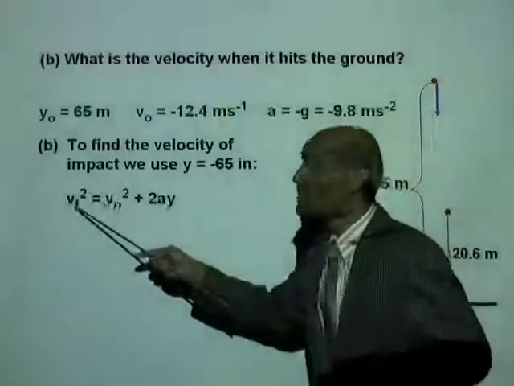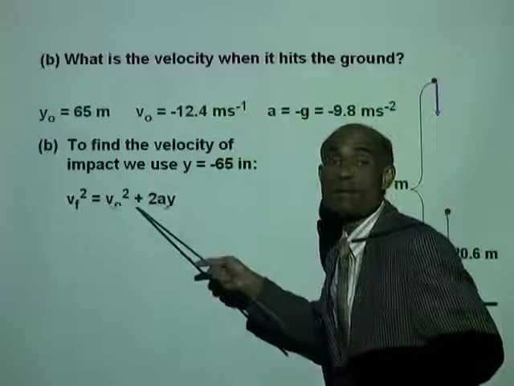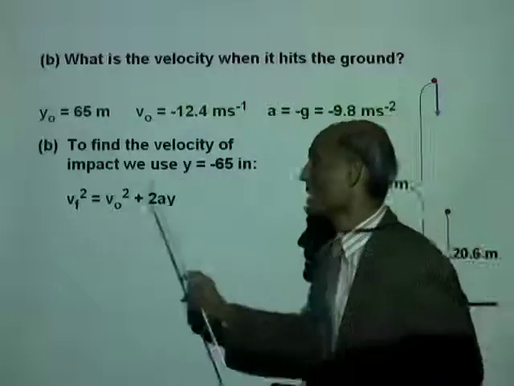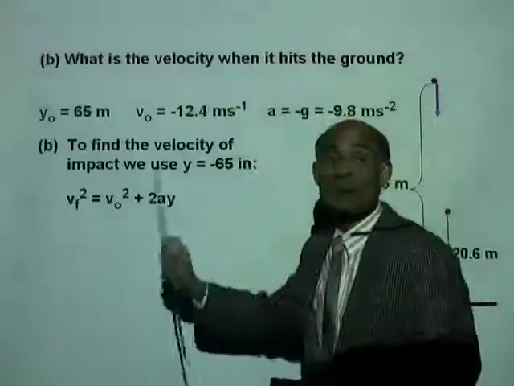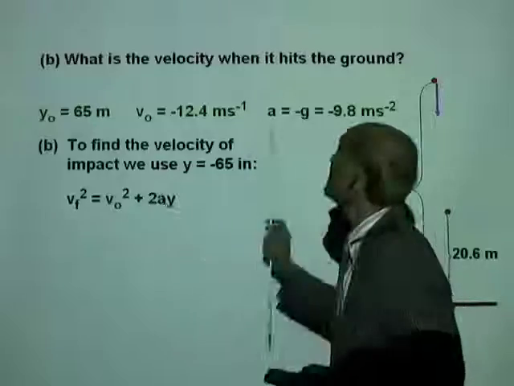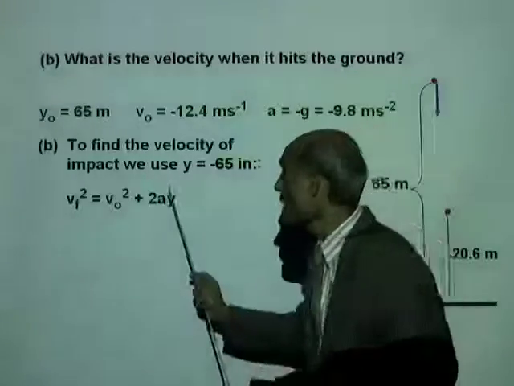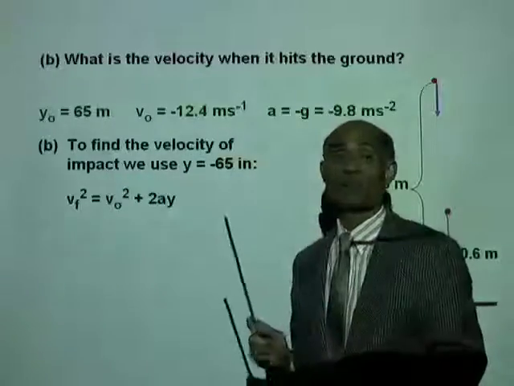In the equation, Vf squared equal to V0 squared plus 2ay. Well, we need to find the Vf. What's the velocity when it hits the ground? We know V0, we know a equal to negative 9.8 meter per second squared, y equal to negative 65.